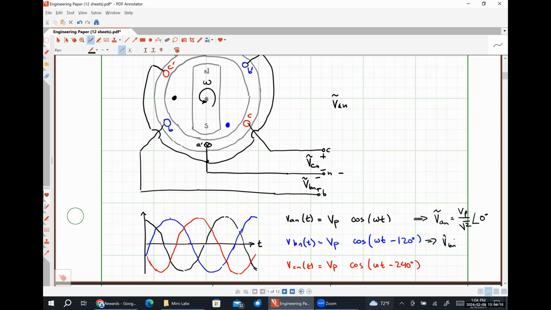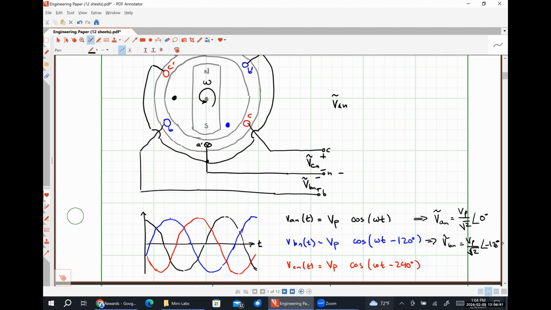So VBN would be VP over root 2 angle negative 120, and I'm running out of room, so we'll just stop it there. But our phasor voltages are obviously going to be 120 degrees out of phase with each other, and they are going to have the same phasor magnitudes as well.